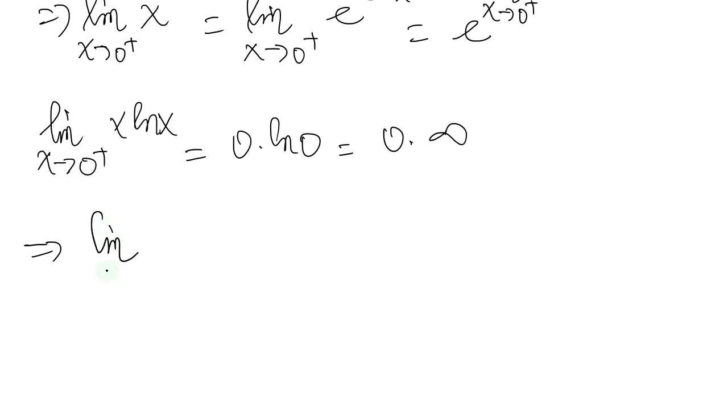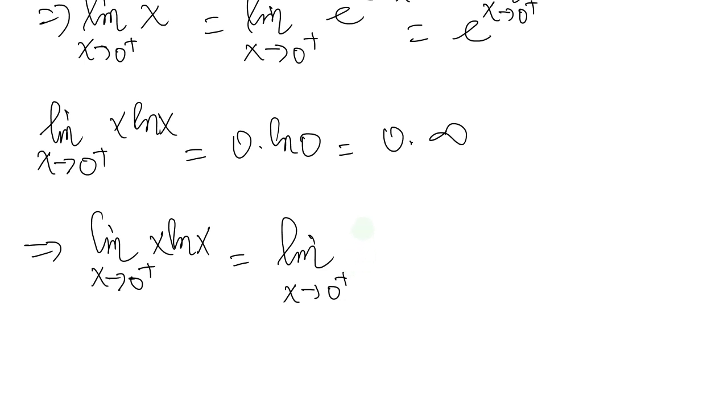So we're going to have that this is the limit as x goes to 0 from the right. I'm going to say this is the limit as x goes to 0 plus of ln of x over 1 over x, right? Because this is the same thing.